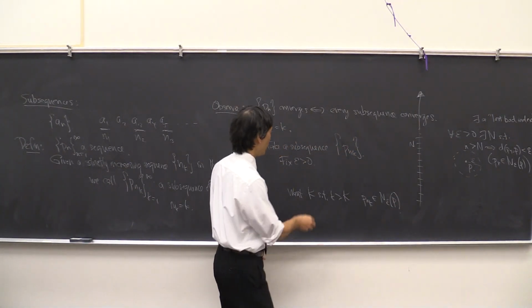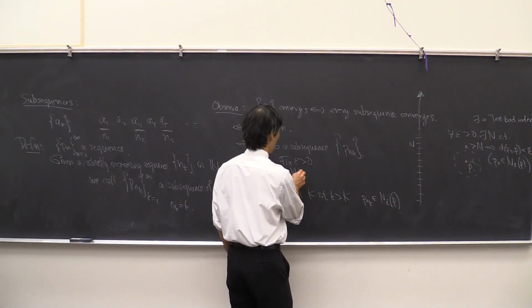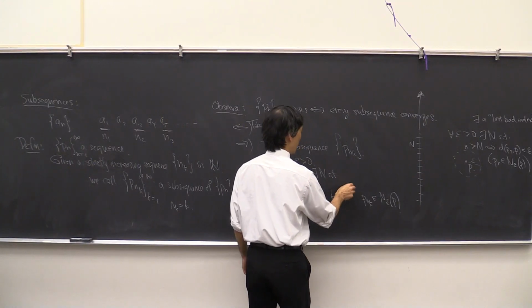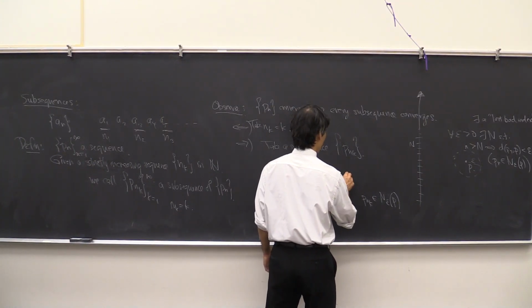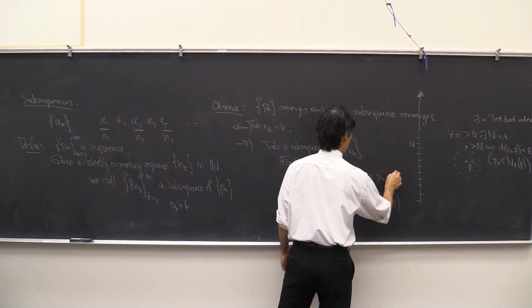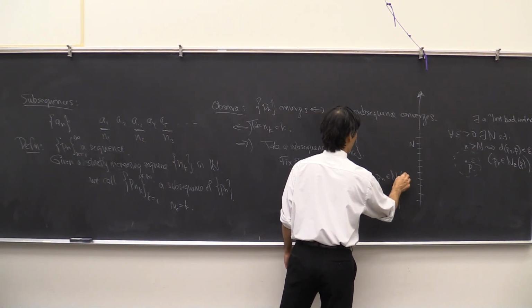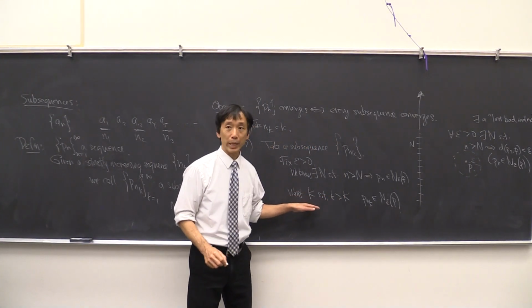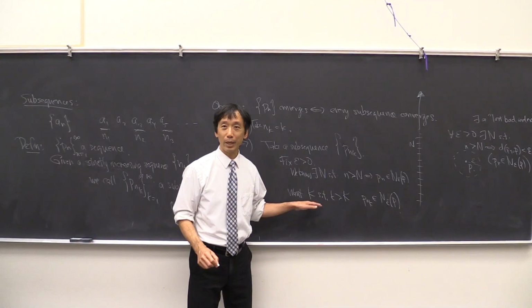We know there exists a time N past which p sub n lies in that neighborhood. So how do we choose our K?